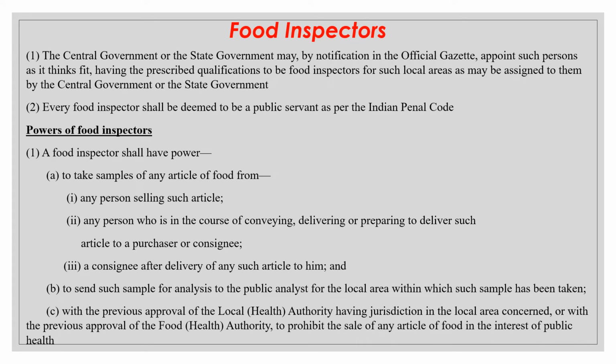So central government or state government may appoint food inspectors by notification in the Gazette. Okay, they may appoint food inspectors for such local areas as may be assigned to them by the central government or state government. One local area is assigned to each food inspector.